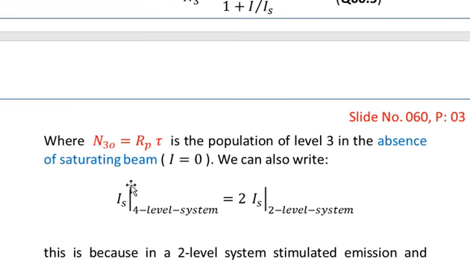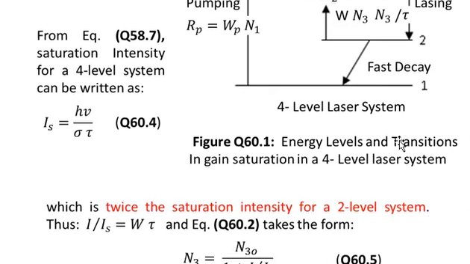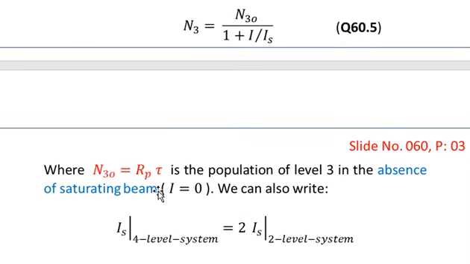Now one more thing. Look at tau. We are using tau with Rp, and this tau is the same as we have written for the spontaneous emission term, which is n3 over tau. So tau is actually the lifetime of level number 3 due to spontaneous emission. And for the pumping we need to choose at least the same tau.